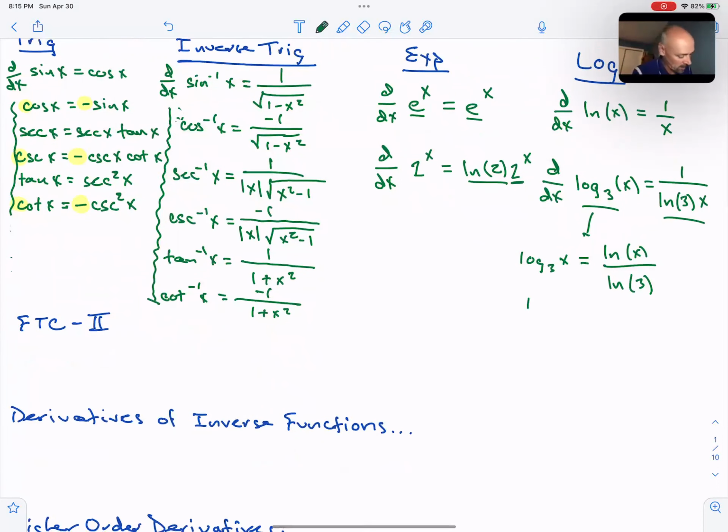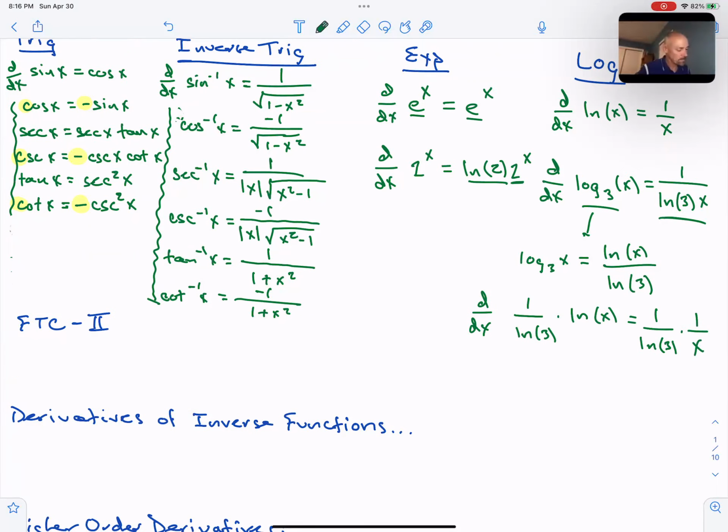So then we're back to 1 over the natural log of 3, which is a constant, times the natural log of x. If we take d/dx of all that, we can do the constant multiple. That's a constant, it just comes through, 1 over natural log of 3, and d/dx of natural log of x is 1 over x. So there you go. Either way you slice it, that's what we come to.